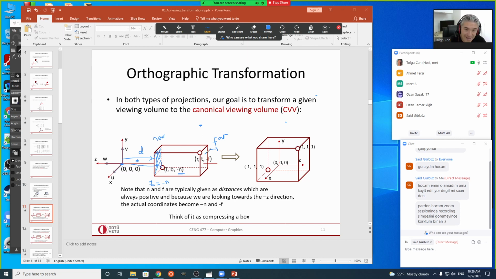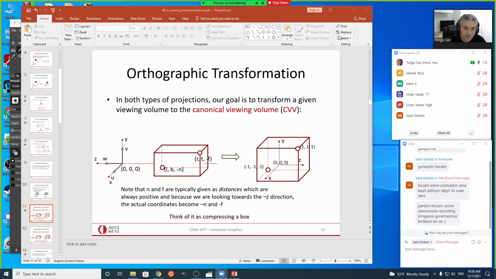But any vertex inside this arbitrary orthographic viewing rectangle is going to have coordinates strictly between -1, -1, -1 and 1, 1, 1. So its x values, y values, z values will be strictly between those after this projection. So how do we perform this projection then?